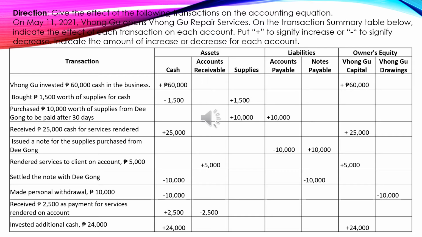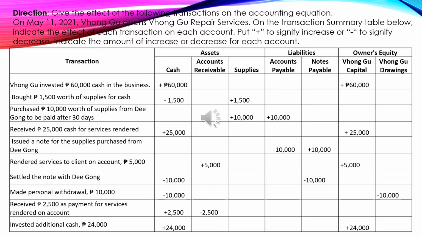This transaction could probably happen because maybe on the part of Vonggu, he will not be able to pay his liability to Digong within 30 days. So Vonggu decided to issue a promissory note to extend the payment or the due date of the payment for Digong. That's why he issued a promissory note.